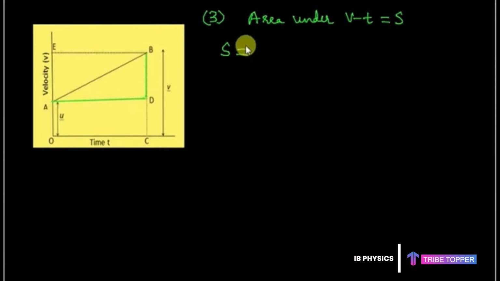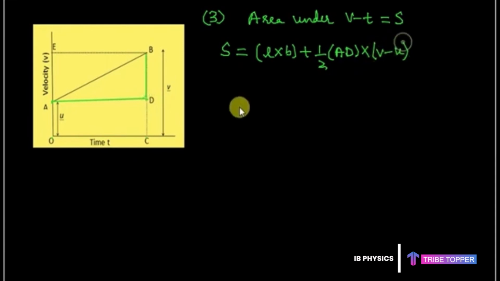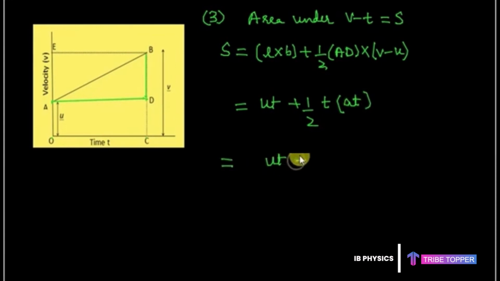So I get the area of the rectangle OADC, that is length into breadth, plus the area of the triangle, which is half into base, that is AD, times the height of this triangle, that is BD, which is v minus u. Length into breadth is ut, plus half times AD, which is t, into v minus u. Now v minus u can be written as at. So I get ut plus half at squared.